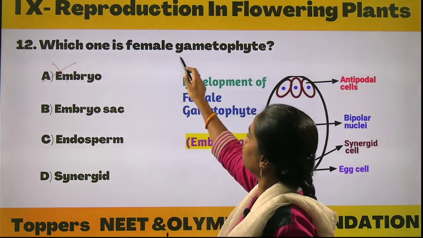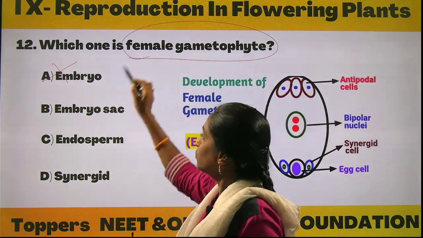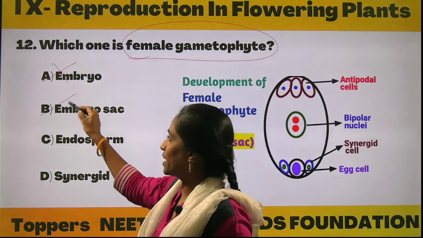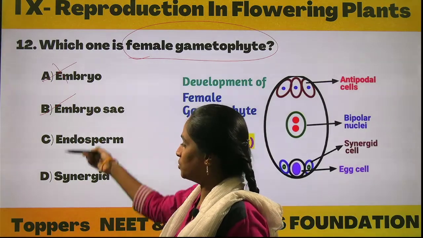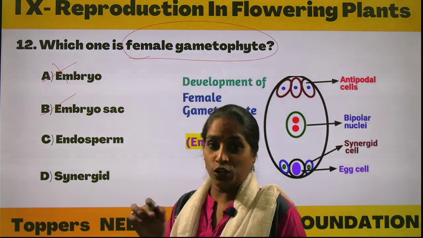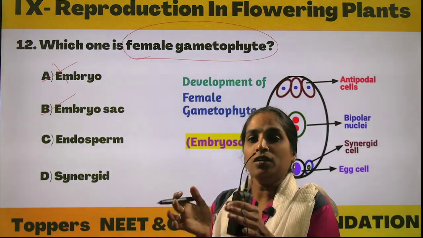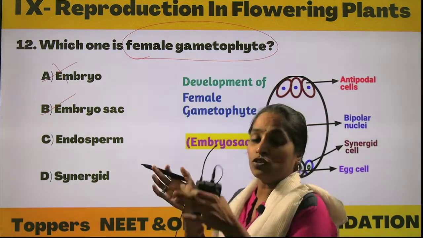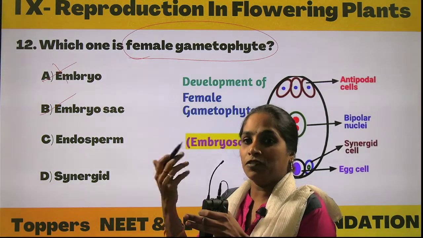Which one is the female gametophyte? It's the embryo sac. What is the embryo sac? It can be seen in the ovule. So this will be the correct option. And what are the next two options? Let us see. The endosperm: after the fertilization process, within the ovule we can observe the embryo sac, which undergoes the fertilization process.